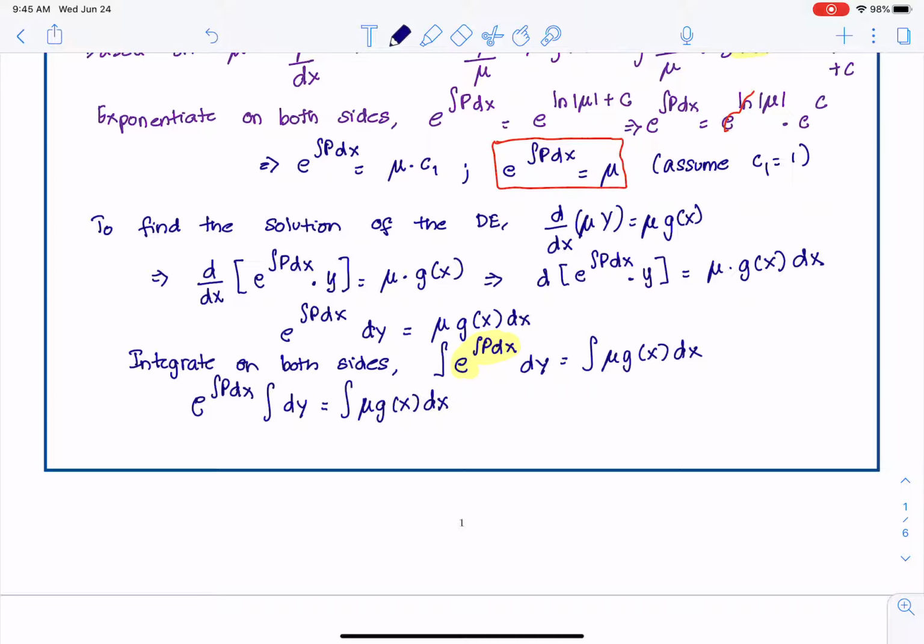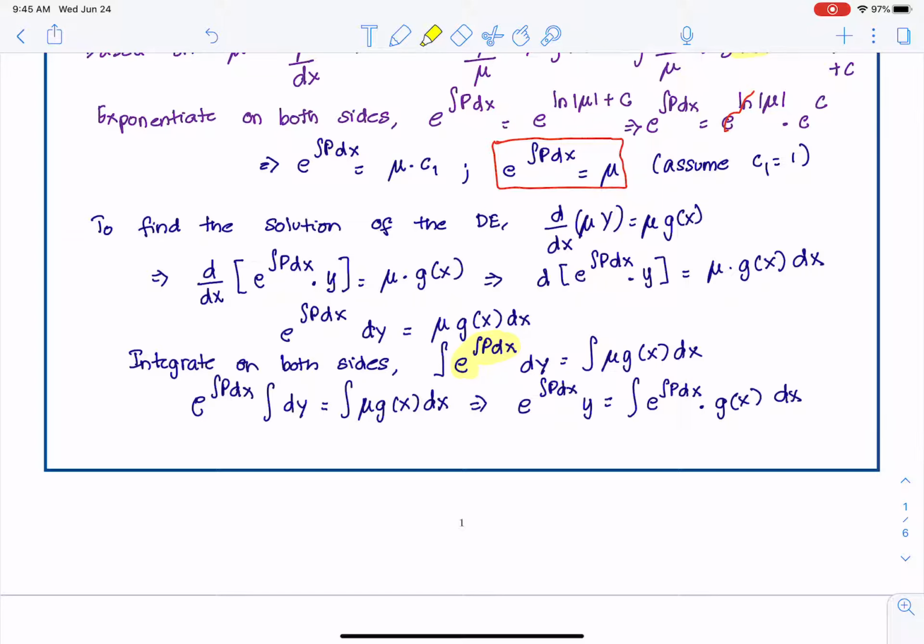On the right hand side though, when I rewrite mu, well, on the left hand side, integral of dy is simply y. The right hand side, mu is e raised integral p dx times g of x dx. I can't pull e raised integral p times dx out of the integral.